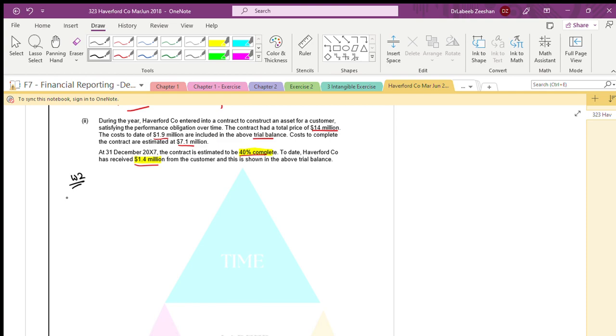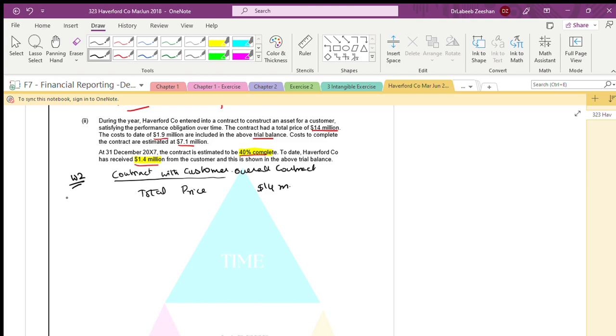Now, contract with customer. Overall contract. What is the price of the contract? The total price is how much? 14 million.